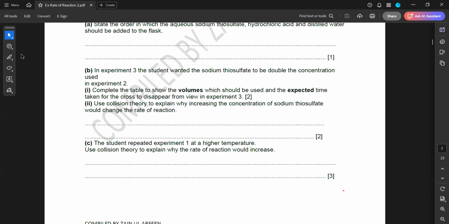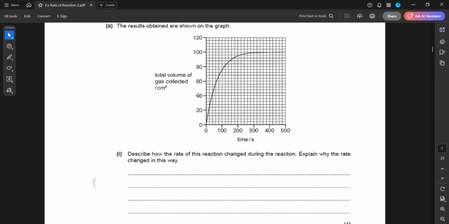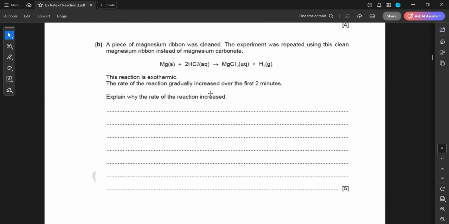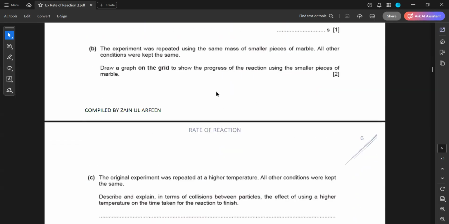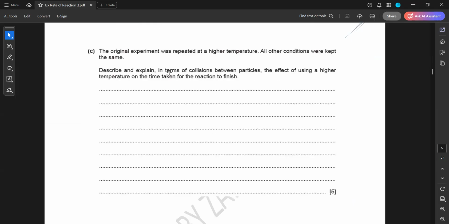Here how many marks? The experiment repeated at high temperature, 3. But the structure of the answer does not change. Whenever you write the answer, the structure should be the same, even if it's 3 marks, 4 marks, or 5 marks. If we do the experiment at a higher temperature, explain in terms of collisions the effect of high temperature on the time for a reaction to finish.